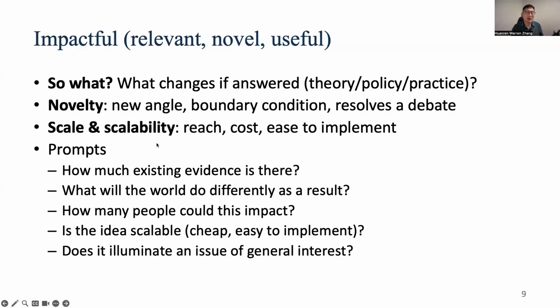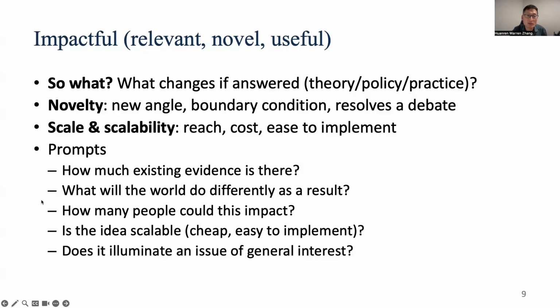For example, you have proven that nudging, rearranging the order of food, can cause students to eat healthier. Can these conclusions be scaled to other populations with reasonable cost? Cost and ease of implementation are the factors determining whether the conclusion of your study is scalable to a larger scale.